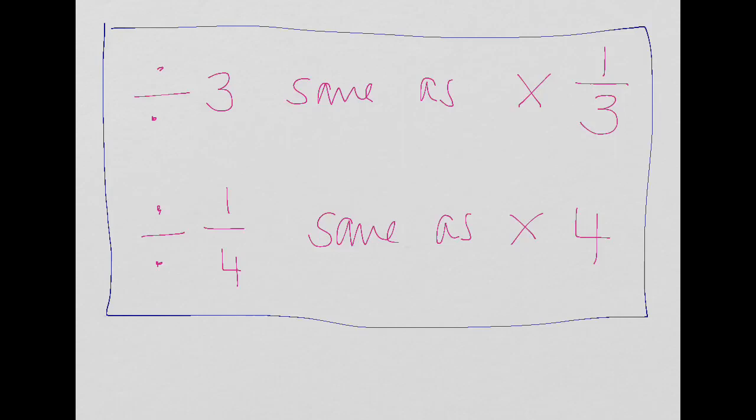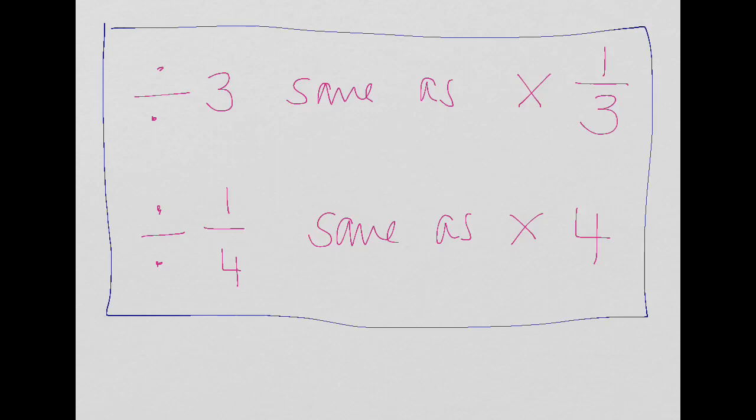So writing down dividing by 3 is the same as multiplying by 1/3. And dividing by 1/4 is the same as multiplying by 4. Look at that. When you divide by 3, it's the same as multiplying by the reciprocal. Dividing by 1/4 is the same as multiplying by 4. Pause, write it down.